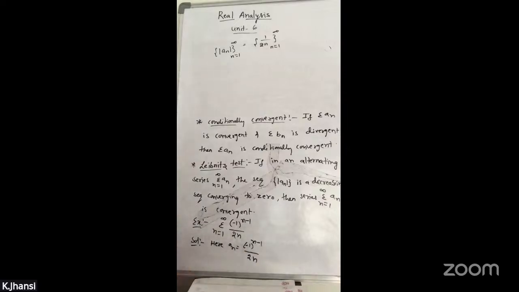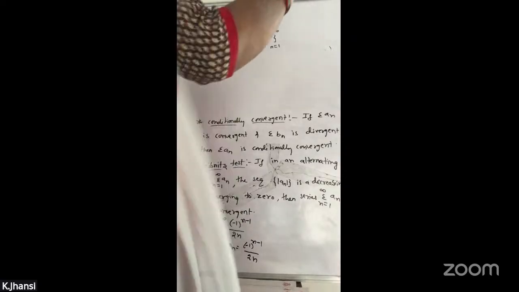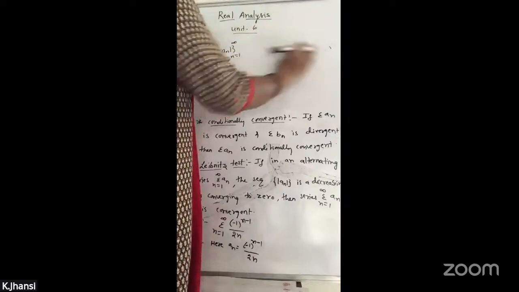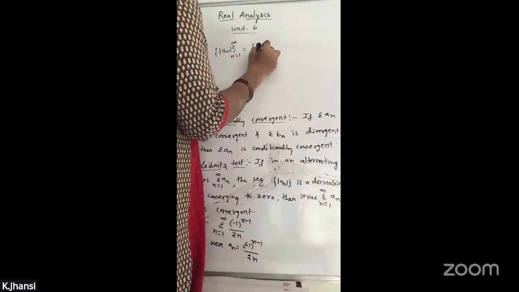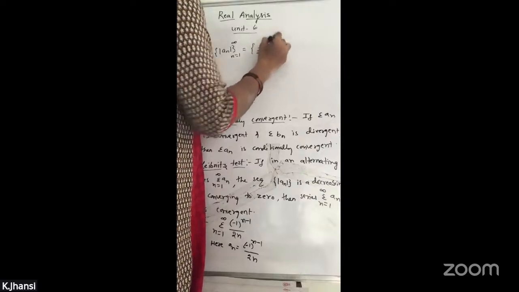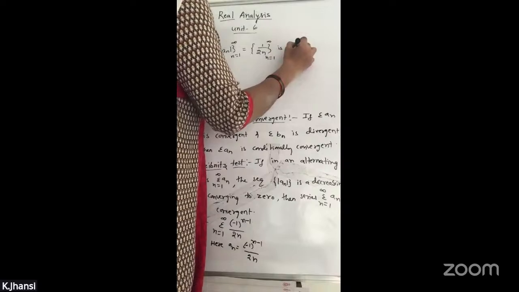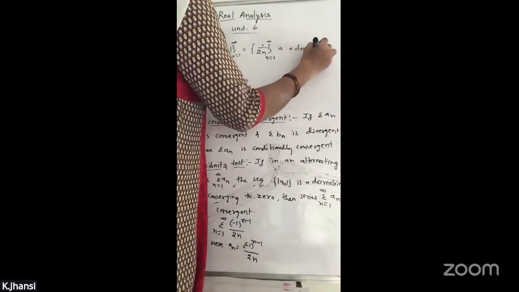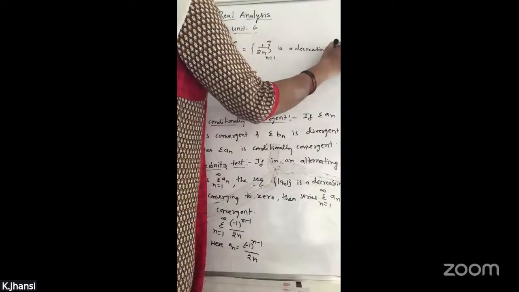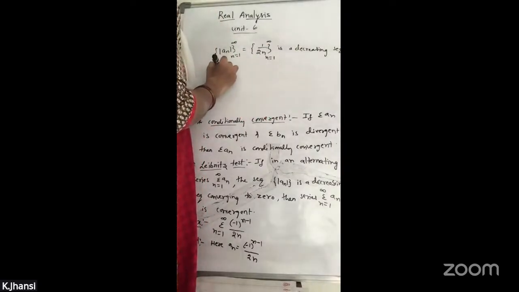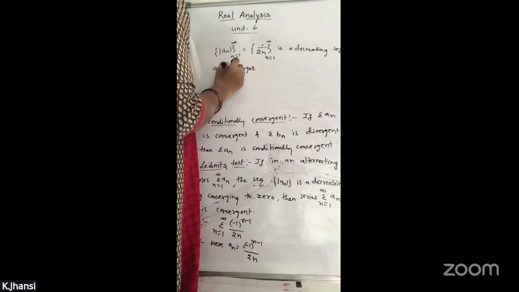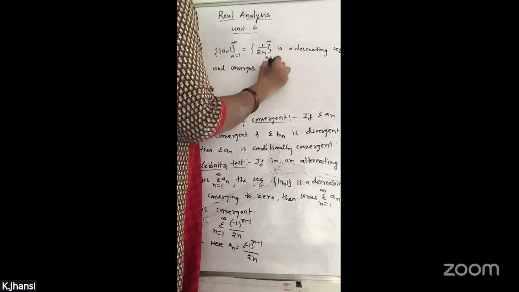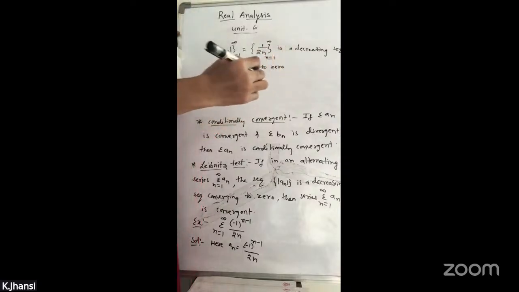It is a decreasing sequence. So summation 1 by 2n, n equals 1 to infinity, is a decreasing sequence and converges to 0. Okay.